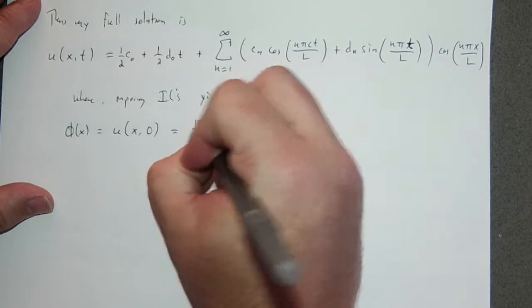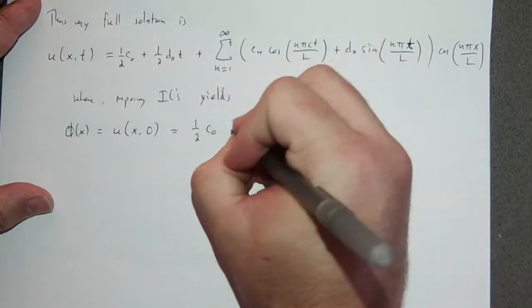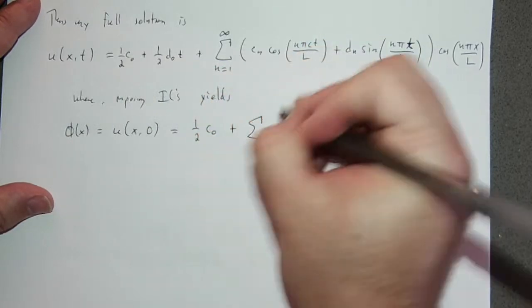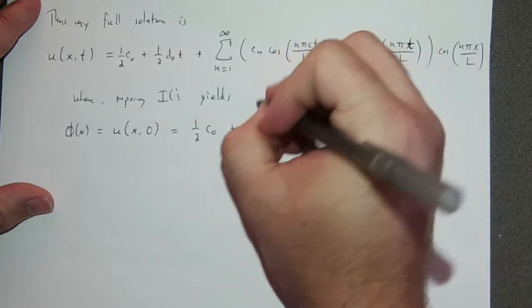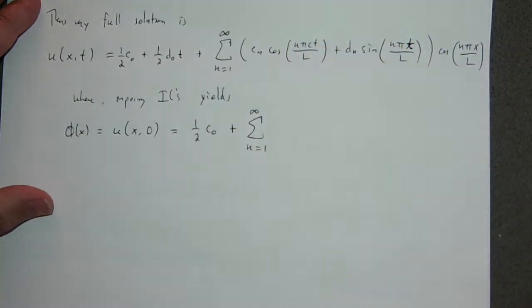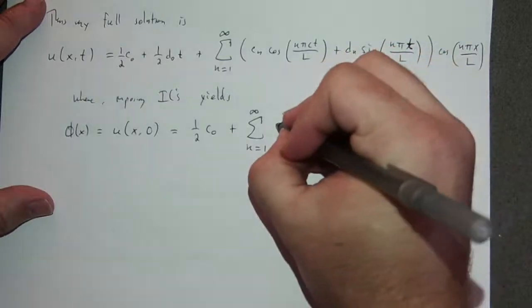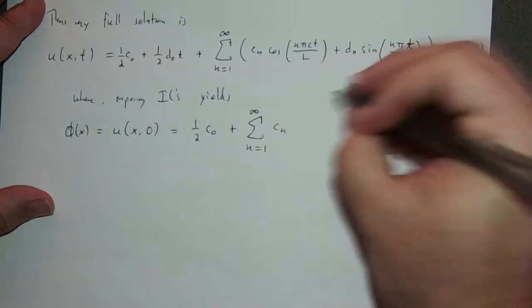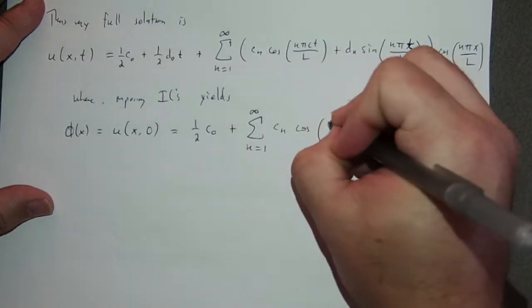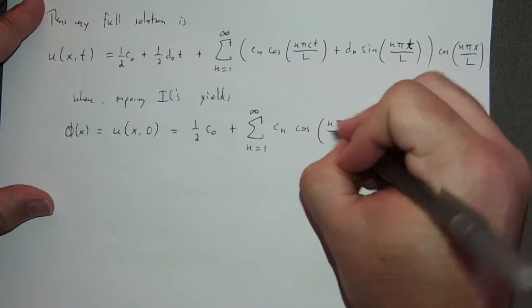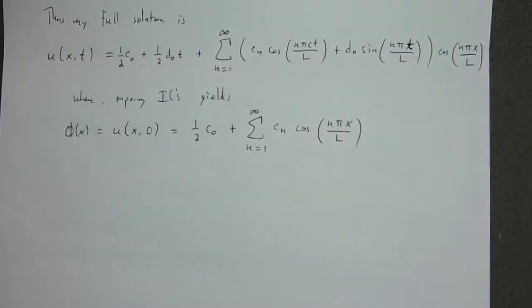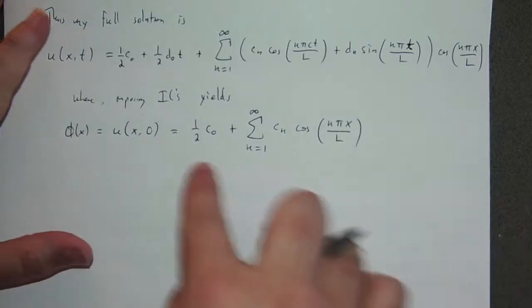I'm going to have 1/2 c naught plus the sum from n equals 1 to infinity of c sub n times cosine of n pi x over L, which of course is going to do what here?